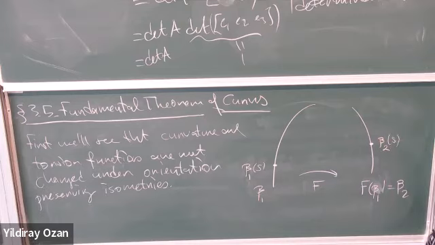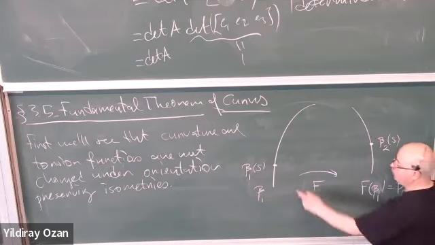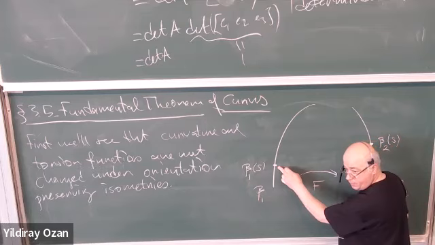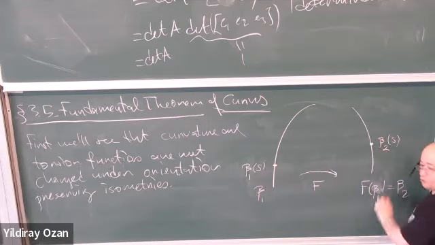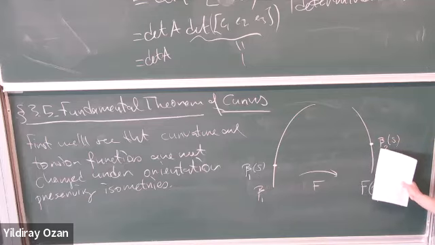Okay. We will show that the curvature and torsion functions of this function at this point are the same as the torsion and curvature functions of this curve at this point.